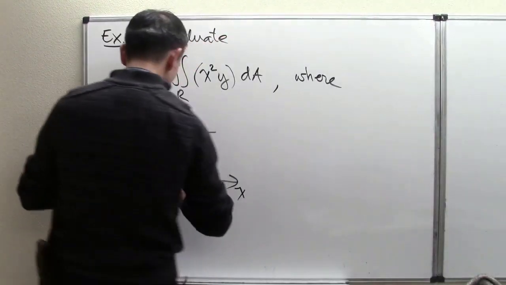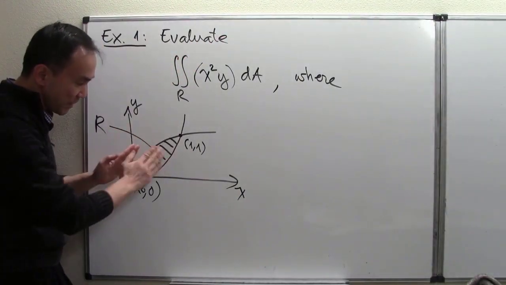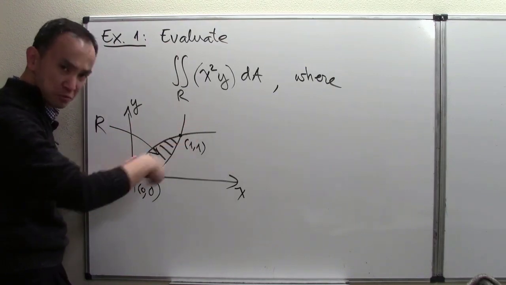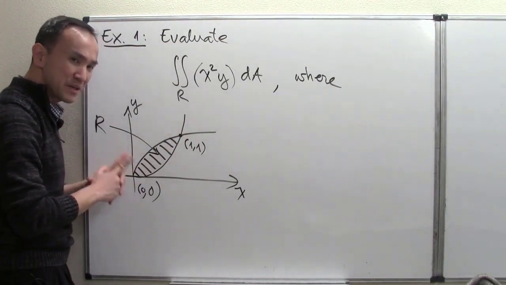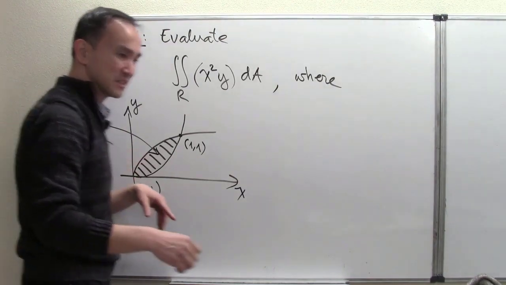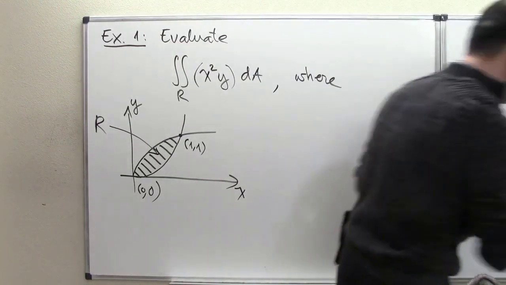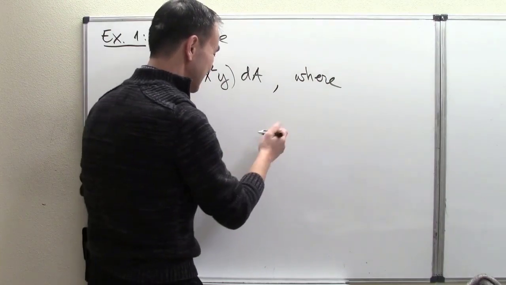This is the region, and I said it's the region trapped between two parabola curves right here. So what does that fancy writing mean?